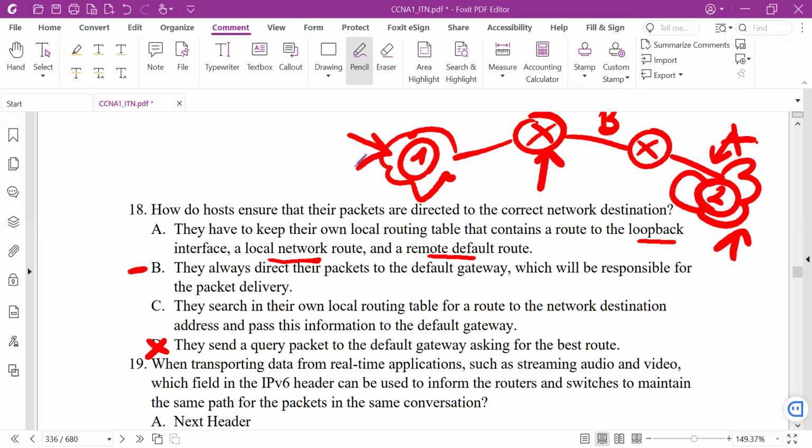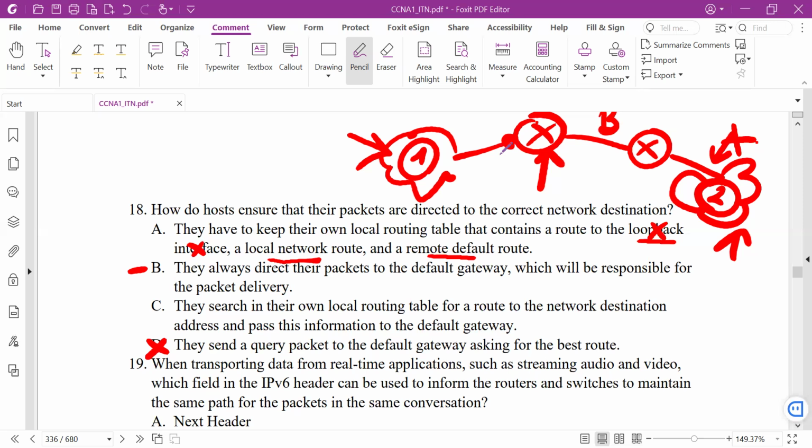Then we have a connection to the loopback interface. This one, I'm not so sure how it helps, so let's skip it. A local network route, if you want to communicate locally, and a remote default route, if we want to communicate with remote networks, most probably via the default gateway.